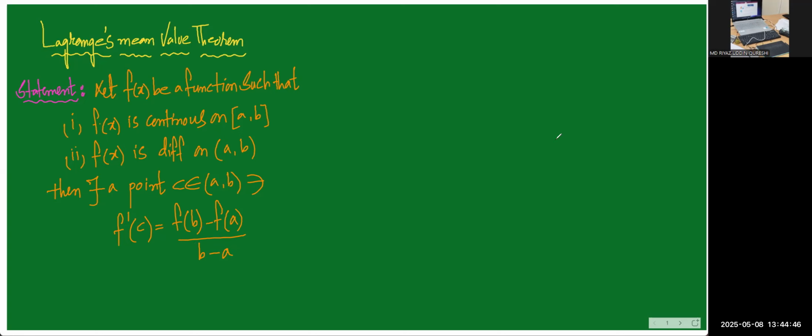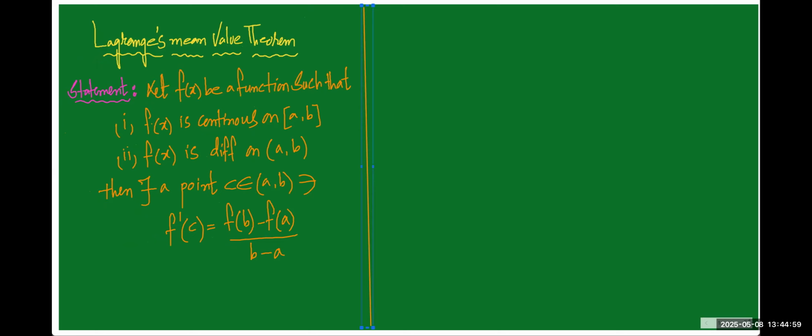But before moving to the proof, I will show you the geometric meaning of Lagrange's mean value theorem. Geometrical interpretation, we say, geometric meaning of this theorem. In the exam, sometimes they may ask you to write the geometric meaning of Lagrange's mean value theorem.